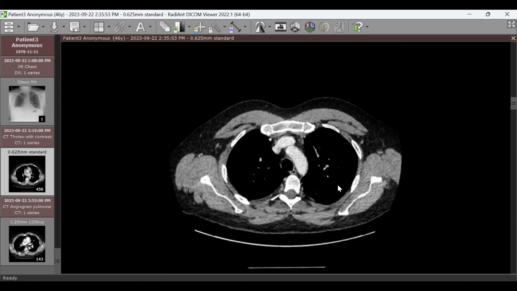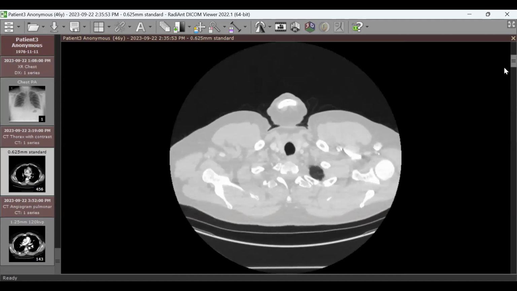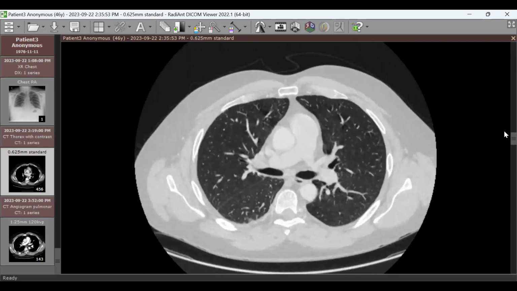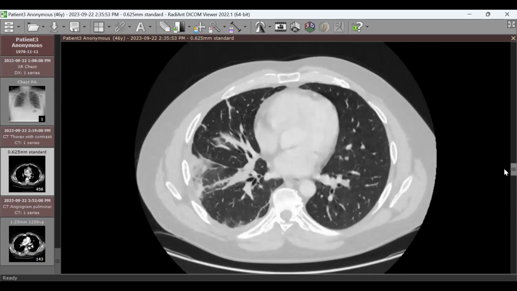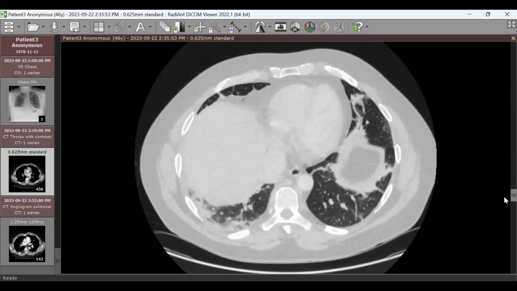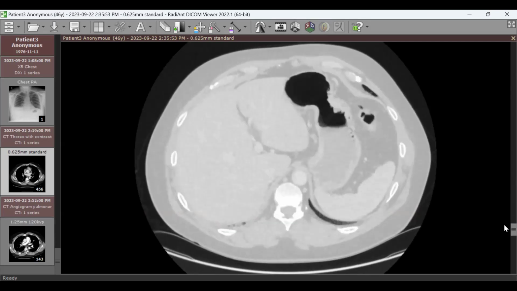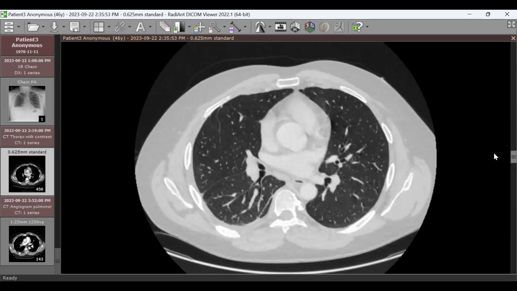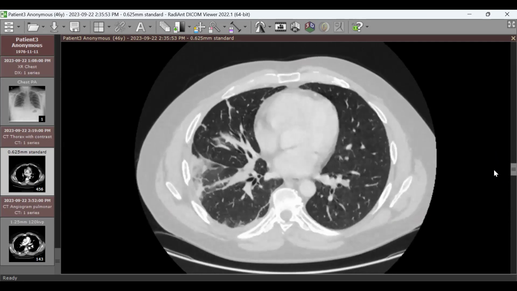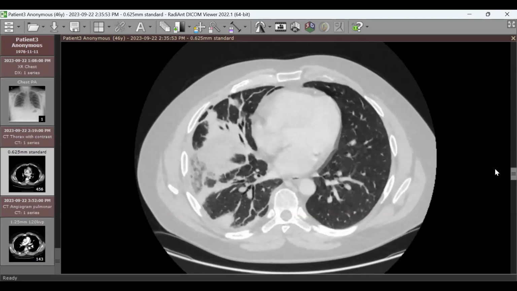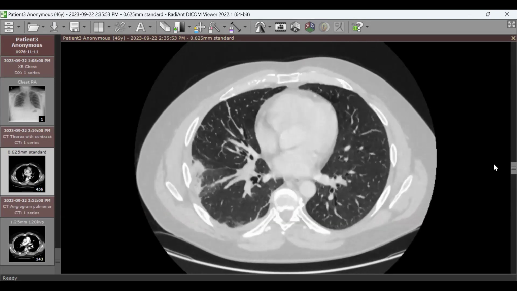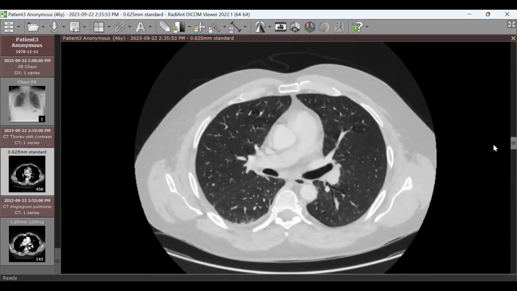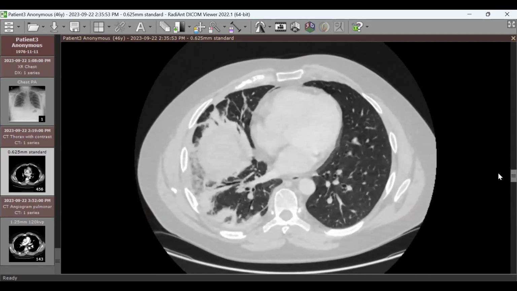I'll show you the lung window. Increased interlobular septal thickening, bronchiectatic changes, bronchiectasis, with consolidation, peripherally located, mild pleural thickening.